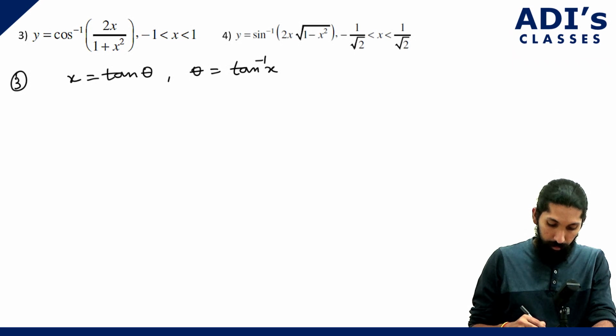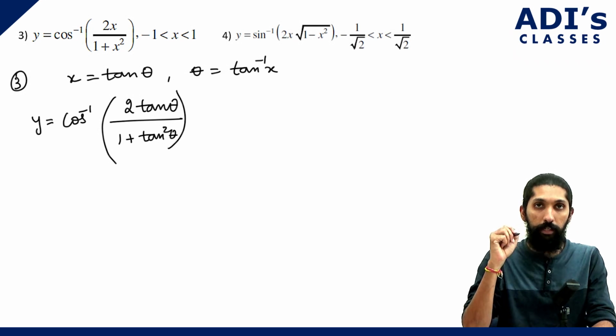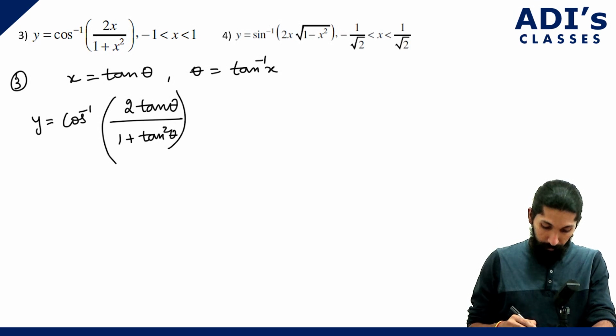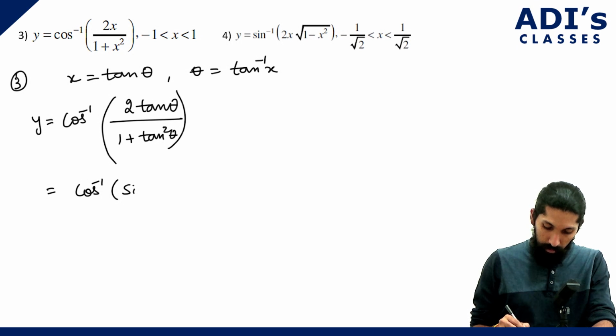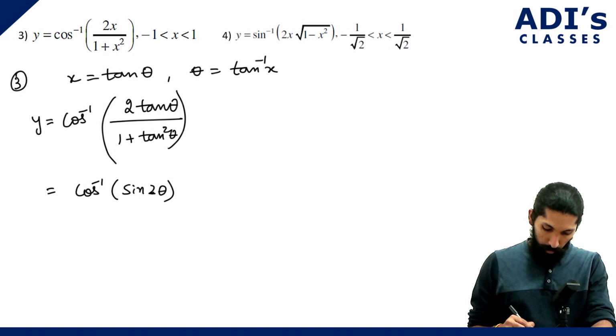If you substitute, y is equal to cos inverse of 2 tan theta by 1 plus tan square theta, correct? Now, if you remember the formula, cos inverse of sine 2 theta, correct? Again, what can you do here?